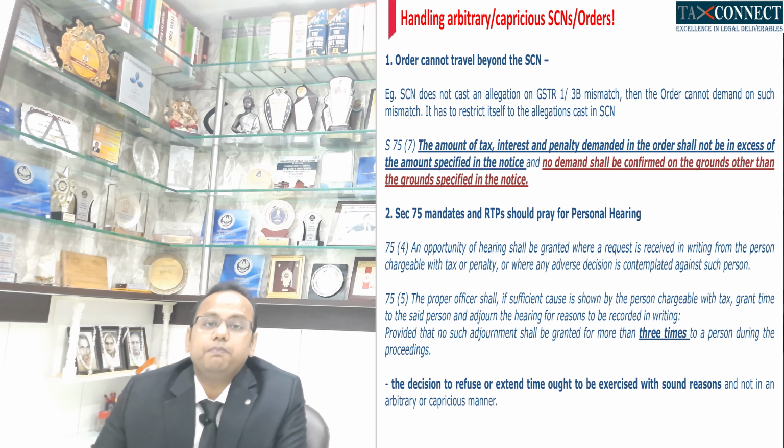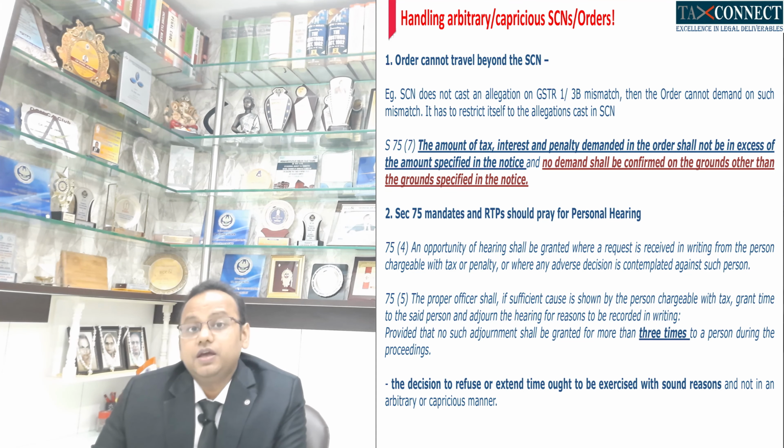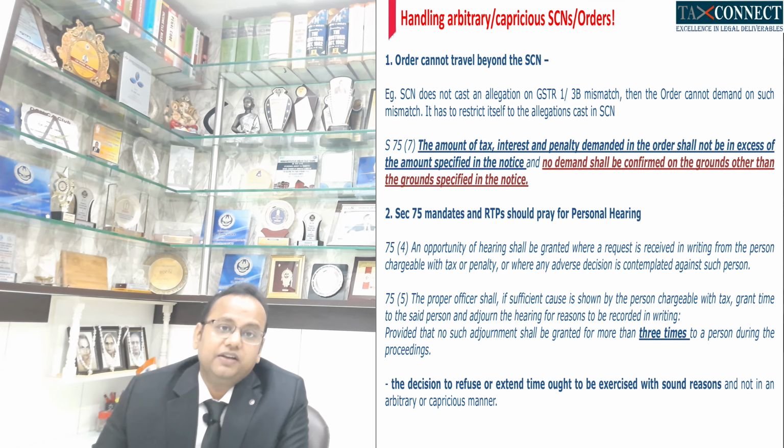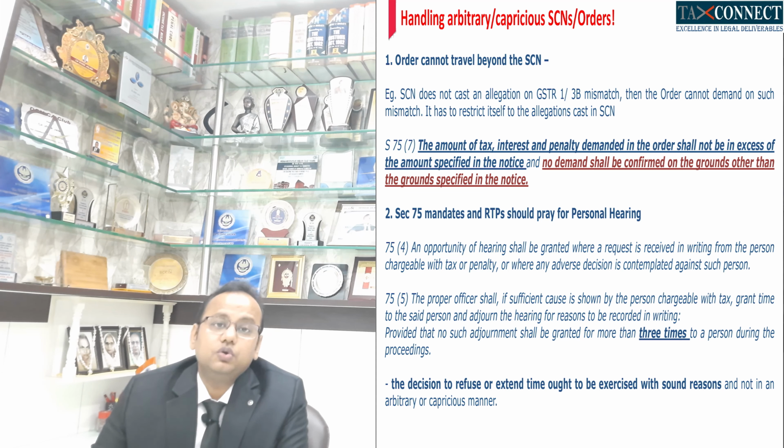Therefore, whenever you are replying to a show cause notice or an intimation or filing an appeal, it is very important to always pray for a personal hearing wherein you can explain to the officer your facts so that justice can be attained at each level and you do not have to go to higher stages itself.